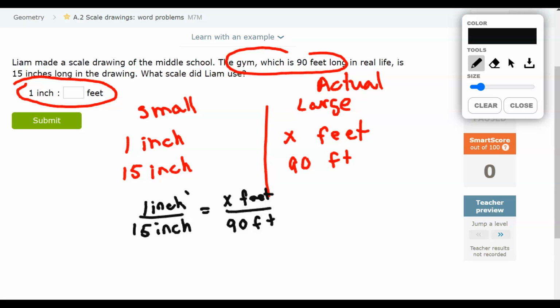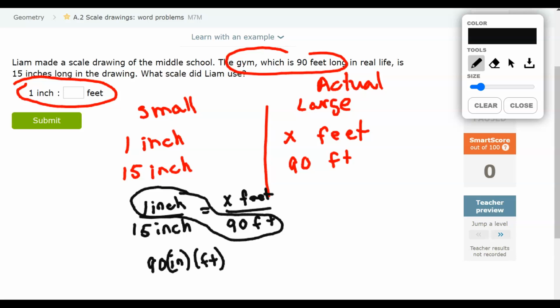And then all it is a matter of cross multiplying. So I'm going to write the number first, 90, then inches, and I'm going to put feet next because it's still multiplication. Equals, again, the number first, the variable, inches, feet.